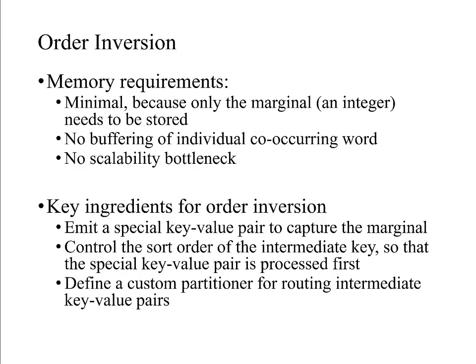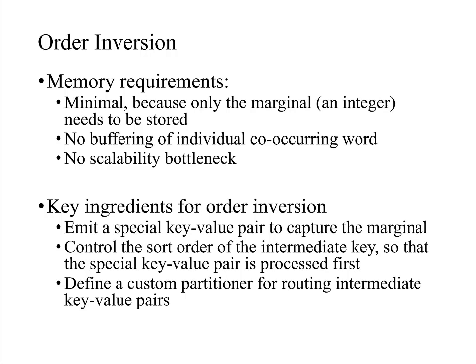So a few more words about this order inversion thing. The memory requirement is minimal because we only need the marginal, which is an integer. We only need the marginal to be stored, right?